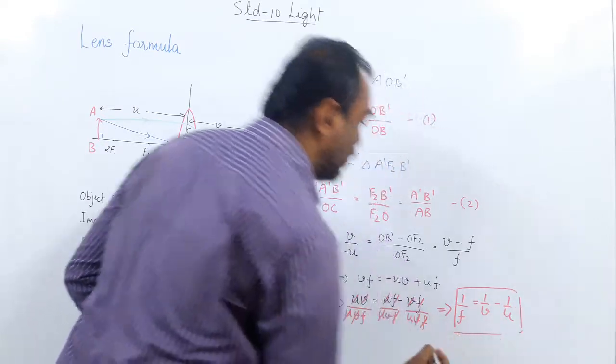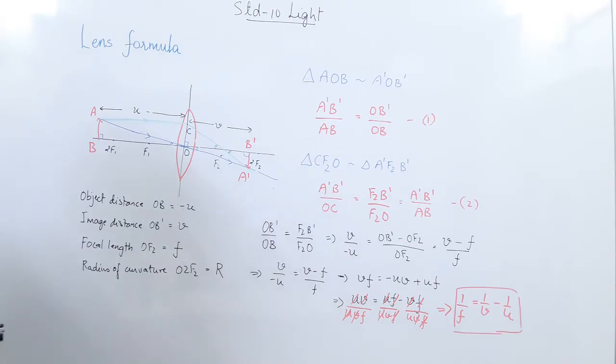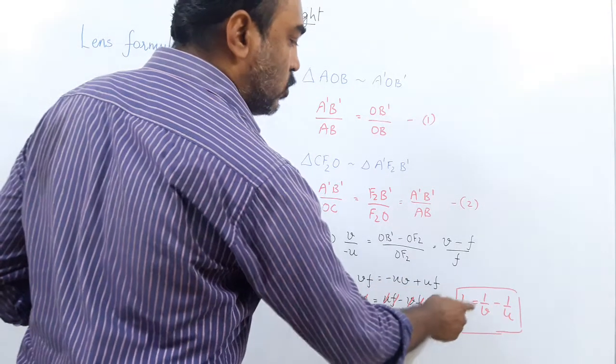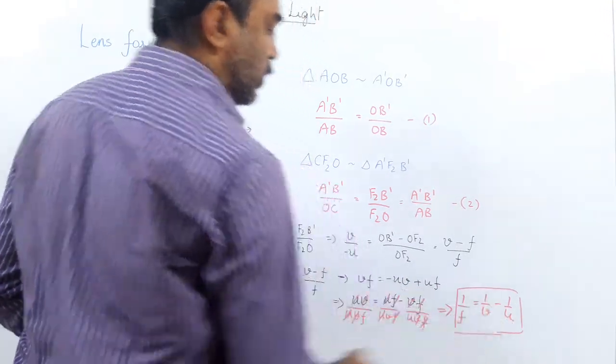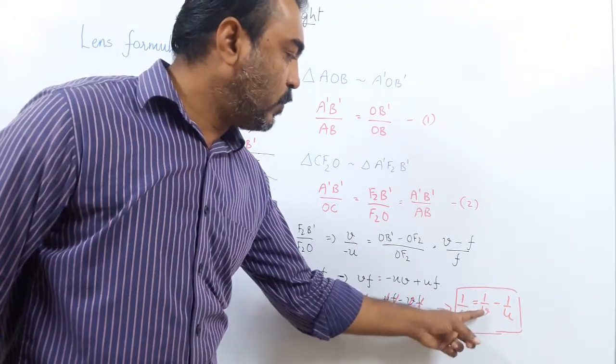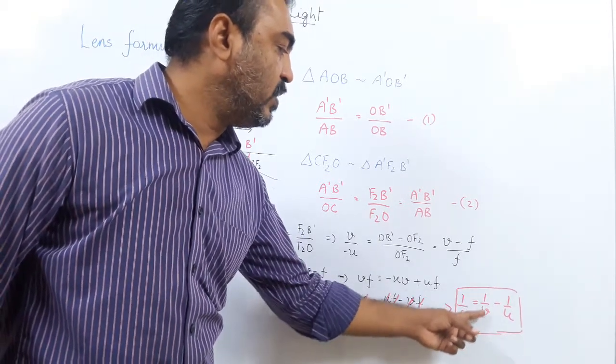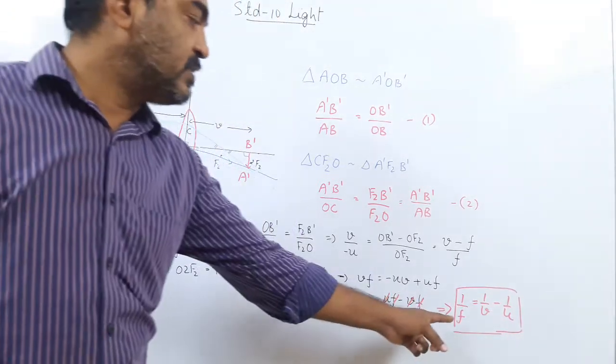This is our lens formula. The mirror formula was 1 upon F equal to 1 upon V plus 1 upon U. The lens formula is 1 upon F equal to 1 upon V minus 1 upon U. What is F?